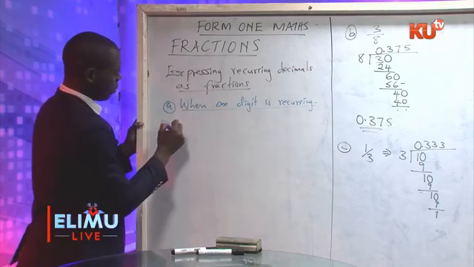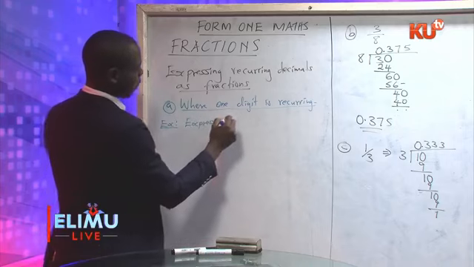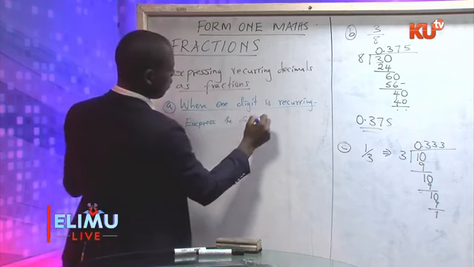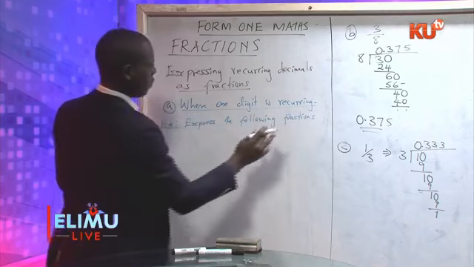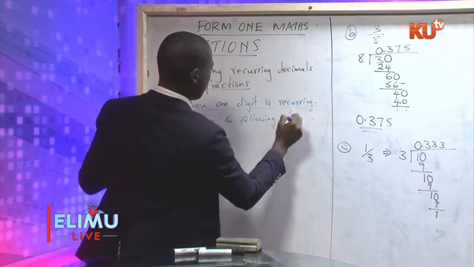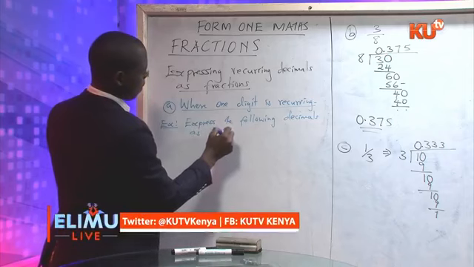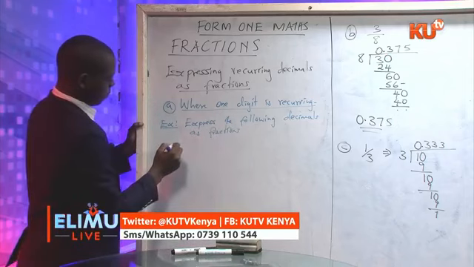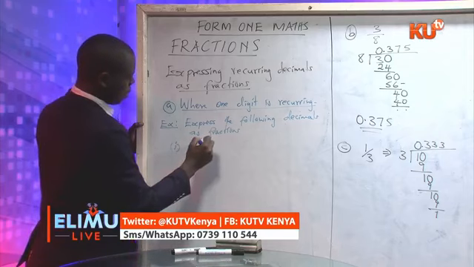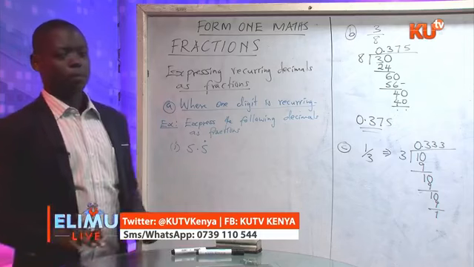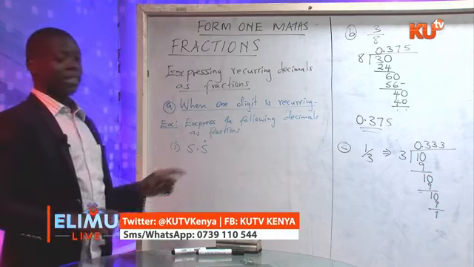For example, you are told to express the following decimals as fractions. The first one we have is 5.5 with a dot on 5. One digit is recurring.